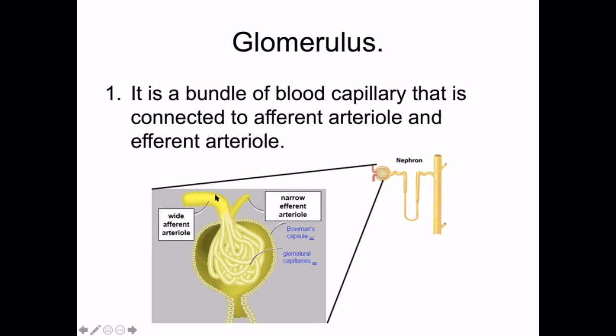Okay, from wide to narrow. Okay, so when this happens, this actually can create a high hydrostatic pressure. Okay, so this will create a higher hydrostatic pressure that will push, a small thing, okay, from glomerulus to the Bowman capsule.